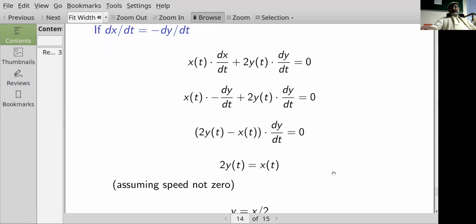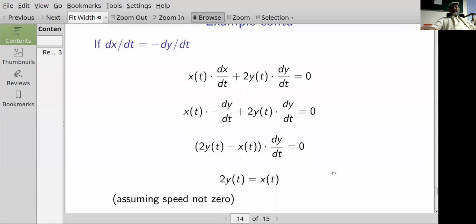If we're assuming that the particle speed was never equal to 0, that means that dy/dt is not equal to 0, because then both dy/dt and dx/dt at this point would be equal to 0, and the speed of the particle would be equal to 0. So dy/dt is not equal to 0. So something times dy/dt is equal to 0, and we know that dy/dt is not equal to 0. So thus we must conclude that 2y minus x is equal to 0 at that point.